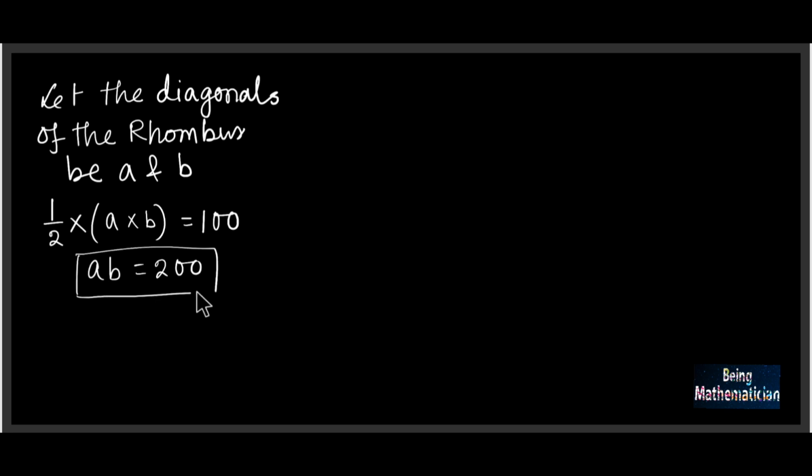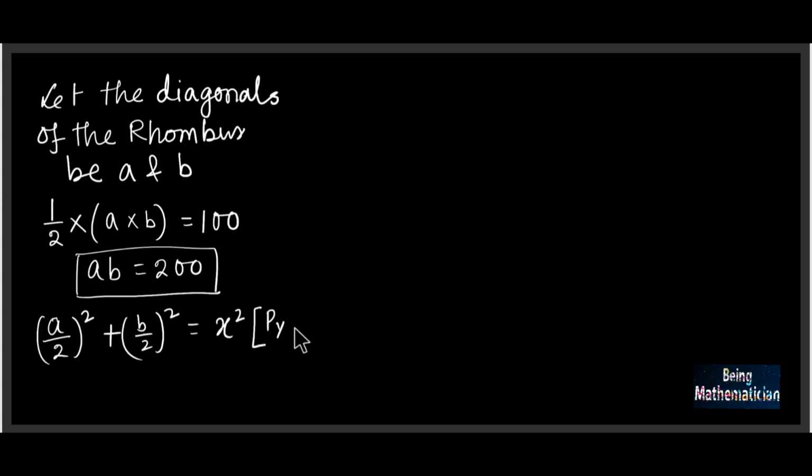Now we have to remember this result, and now the relation between the diagonals and the sides is, we know that (A by 2) whole square plus (B by 2) whole square is equal to x square by Pythagoras theorem. Now it simplifies as A square plus B square is equal to 4x square.